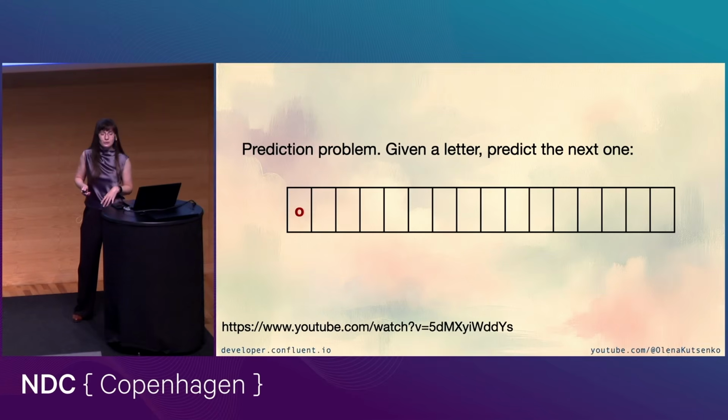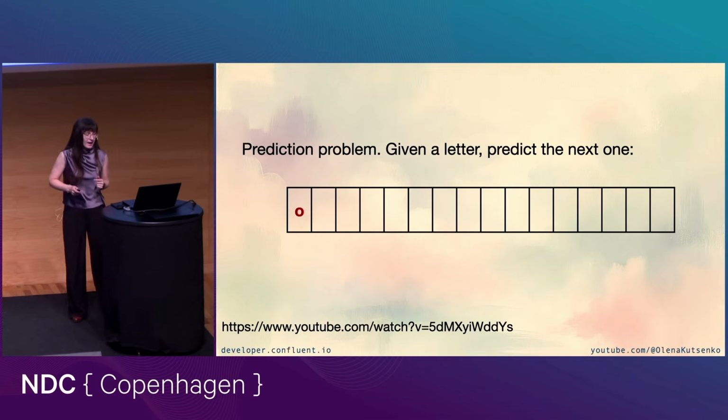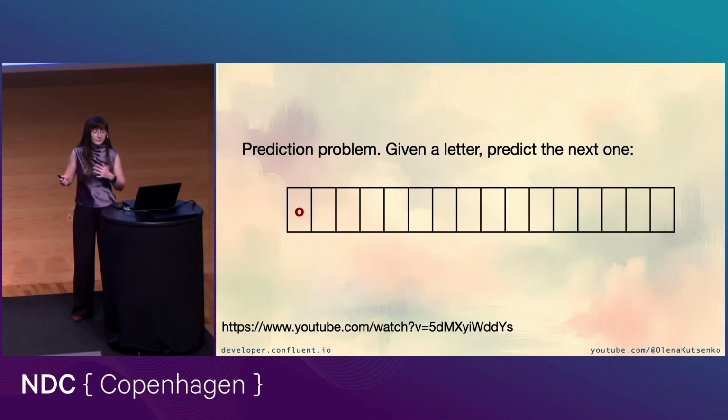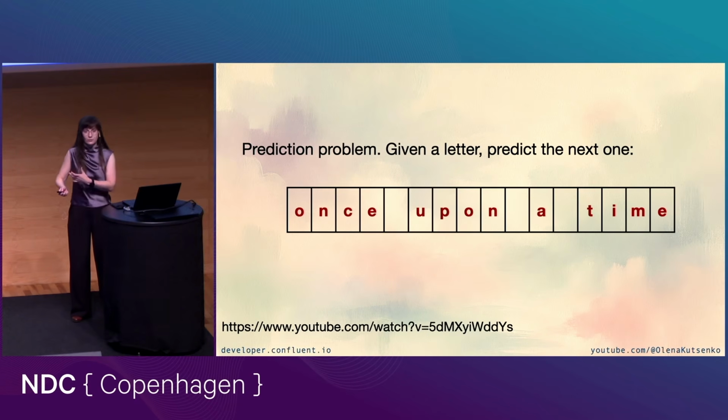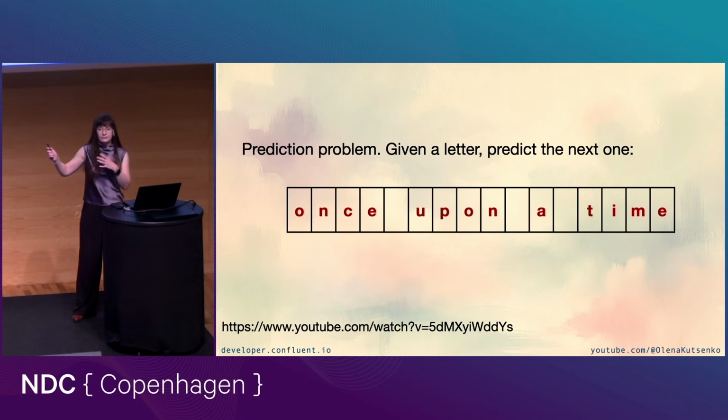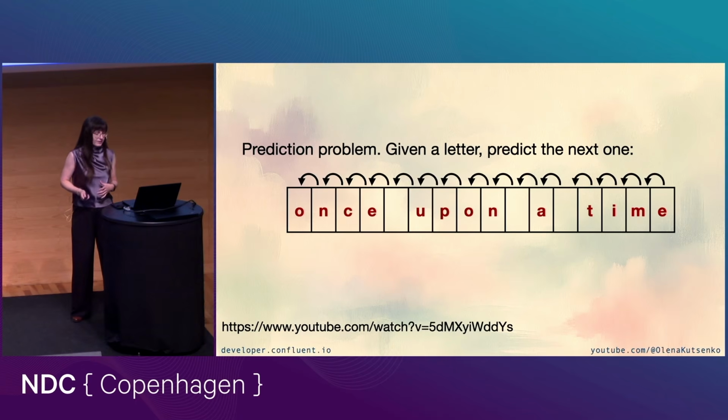It kind of falls into this prediction problem. For example, given a sentence, we need to predict the next word. At the start it's a bit tricky, but the more information we have, the easier it is to say what will be the second part of the sentence.